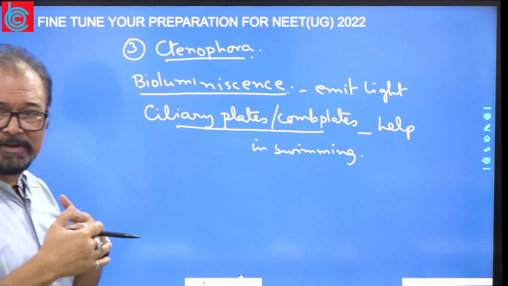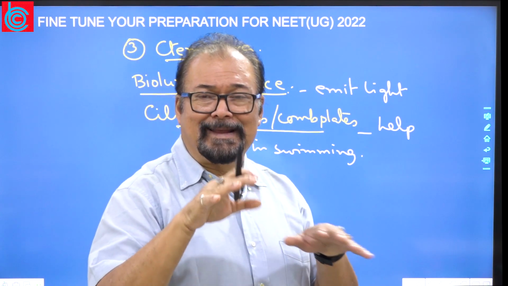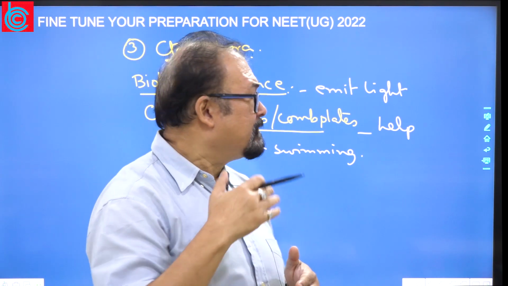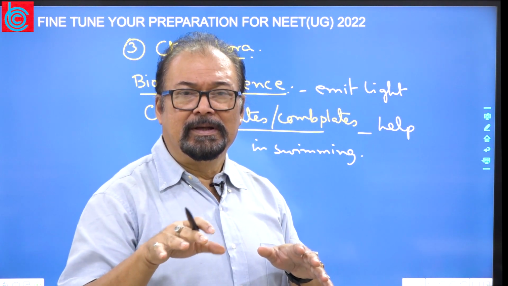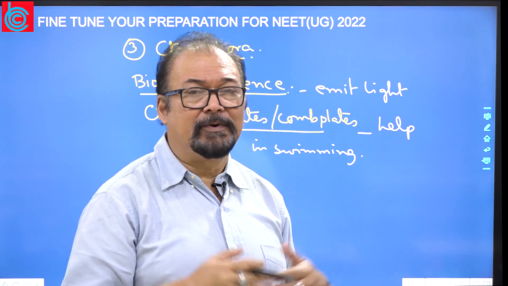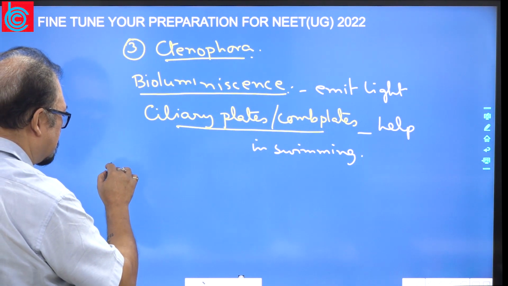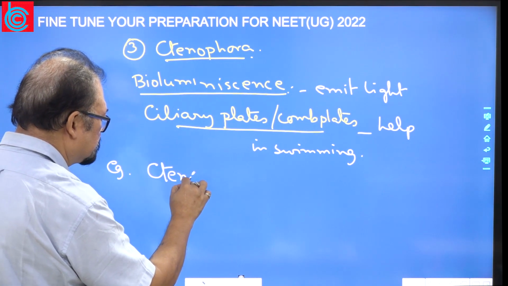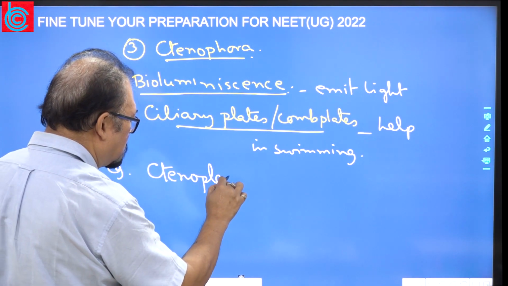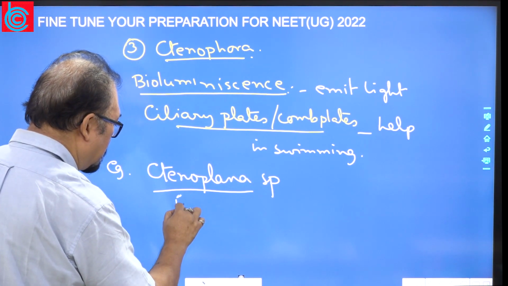So these special structures are there, the plate-like structures with the cilia that help in swimming. So they have 8 rows of ciliary plates or comb-like plates with the cilia that help in the swimming for locomotion in the water. Example, Pleurobrachia.